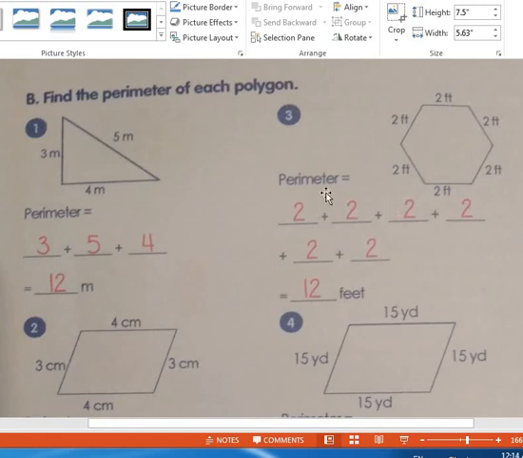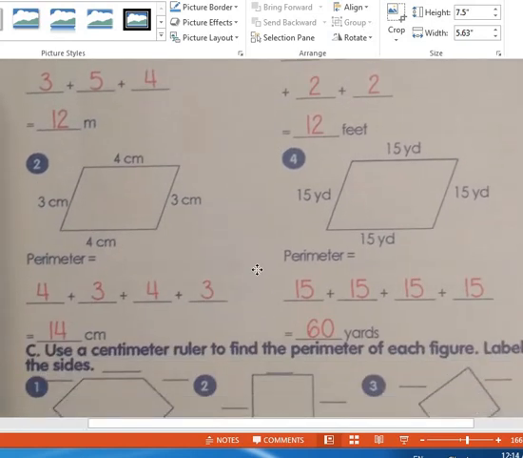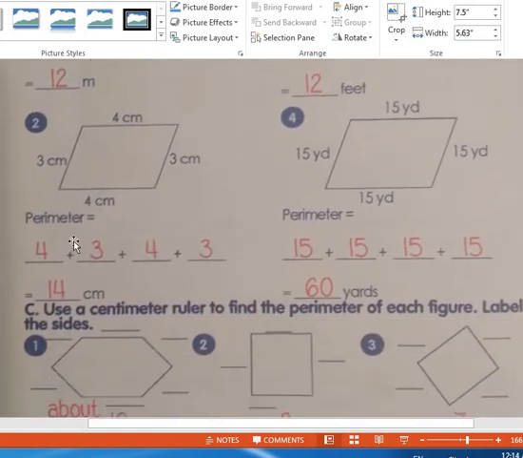Here, the perimeter of this polygon, 2 plus 2 plus 2 plus 2 plus 2 plus 2, is 12 feet. Here, the perimeter of this shape, 3 plus 4 plus 4 plus 3. Here, 15 plus 15 plus 15 plus 15.